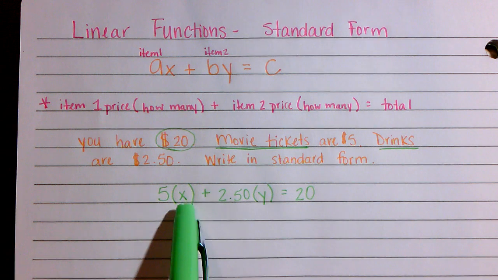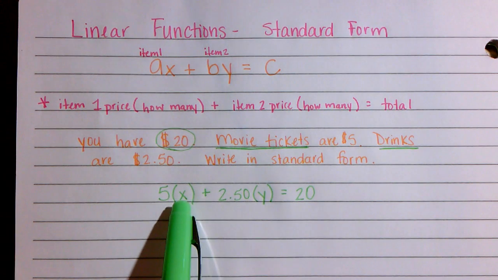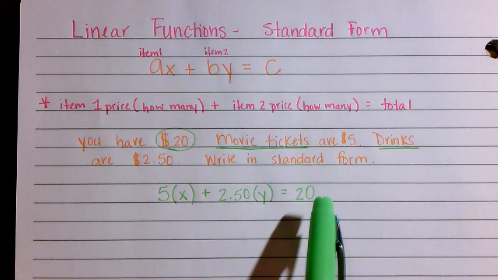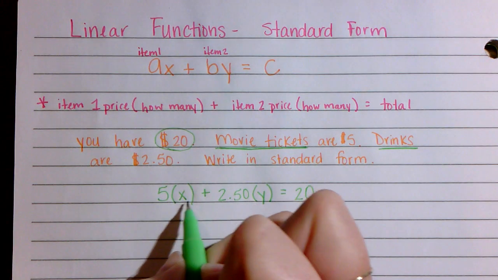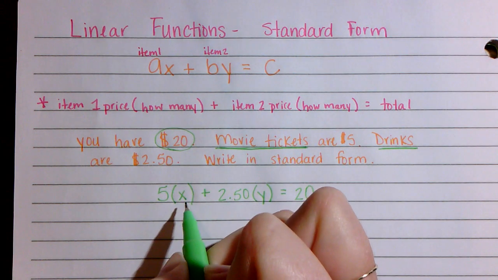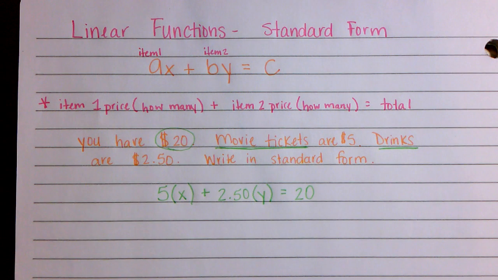Using this equation, she can figure out how many tickets she can buy and how many drinks she can buy without going over $20. And so she can just plug them in. Or she can say, okay, if I buy 2 movie tickets and I put 2 here, how much money do I have left over to buy drinks? So you can use it for many different things.